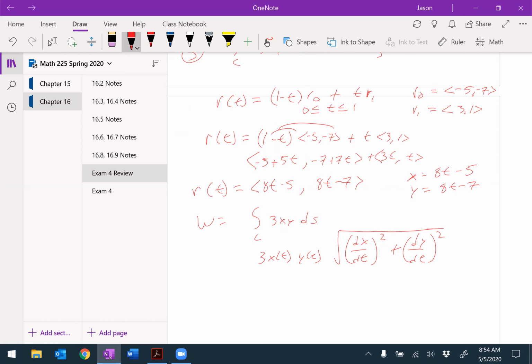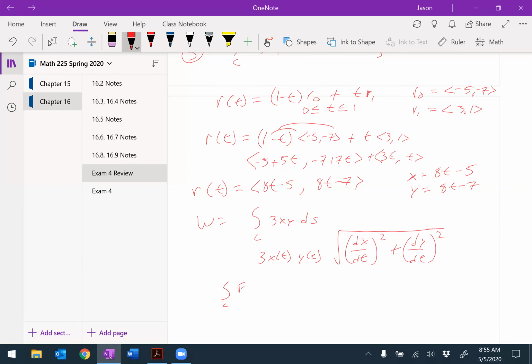Let me just verify that real quick. Yes, that's correct. That was the very first formula that we had, because the formula we're working with comes from this formula here.